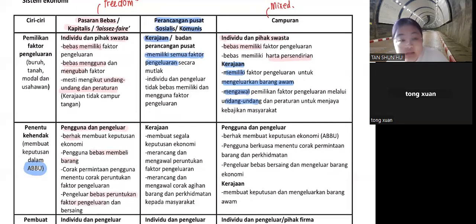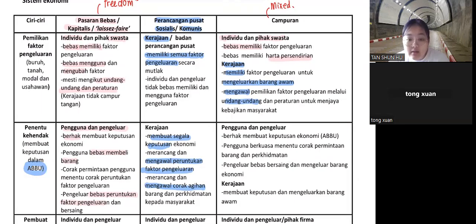Alright. In perancangan pusat, everything owned by kerajaan. Membuat segala keputusan. Okay. So, they will control the peruntukan faktor pengeluaran. They will control the agihan. Okay. They will allocate the resources. They will allocate the goods.